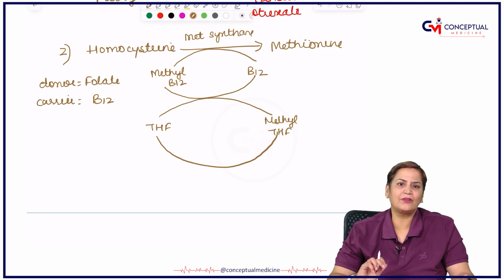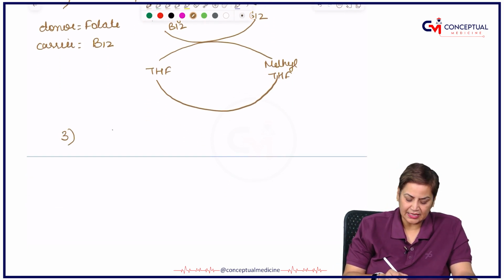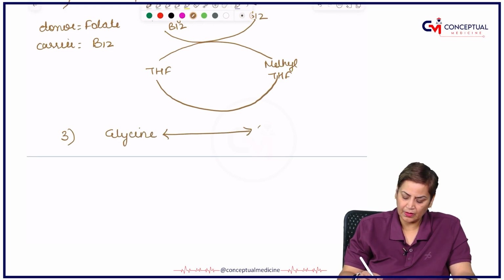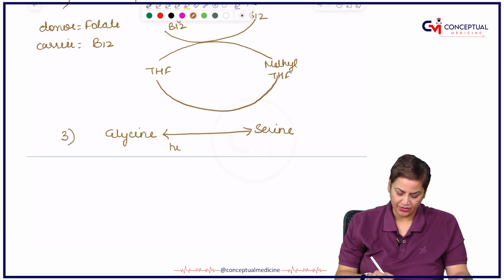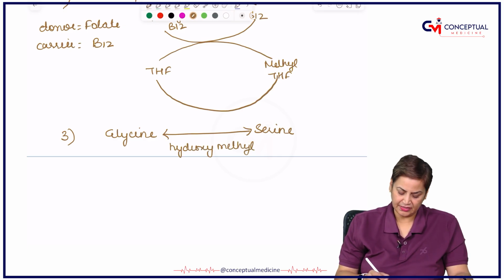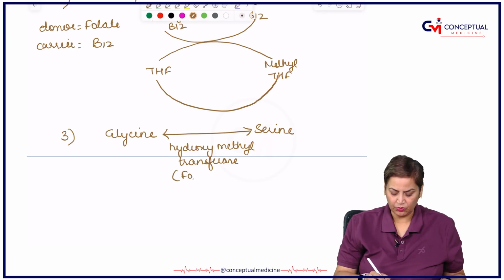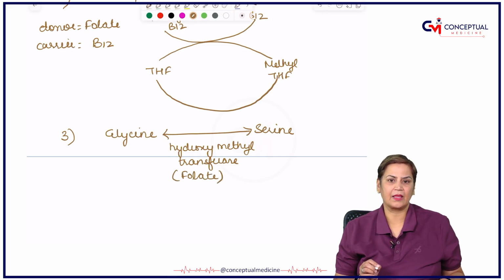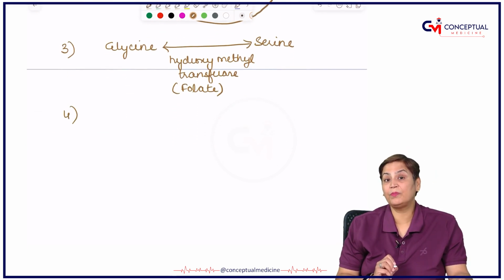So these two are very important reactions, and along with this, another reaction is glycine to serine. So basically the enzyme here is hydroxymethyl transferase. But here the main one is folate. Then the fourth reaction is formation of purines.